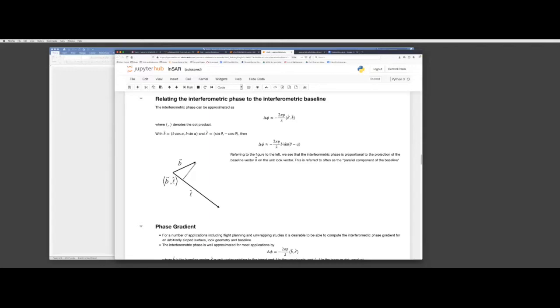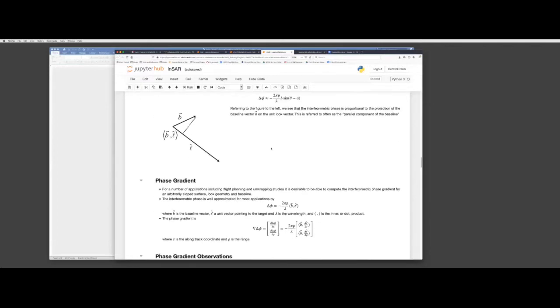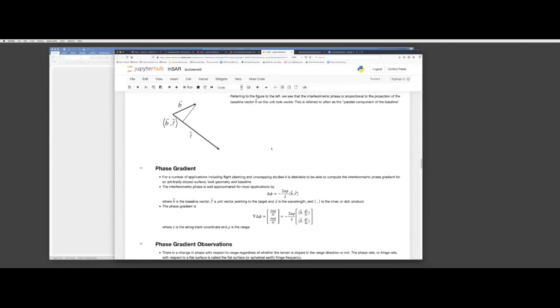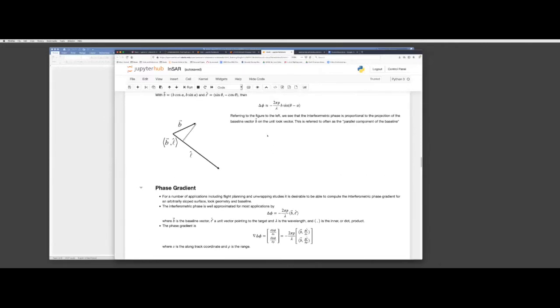So again, if you have this delta phi measurement, you can invert this for theta by taking the sine inverse, and then you can solve for the topography that way. Okay, so you'll see this formula often, and it's going to be used as we go down here as well.